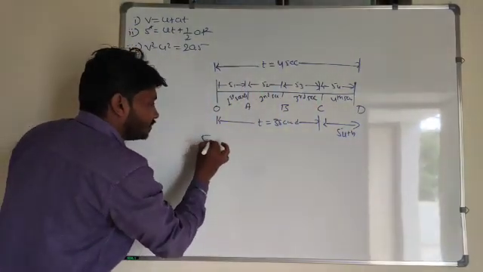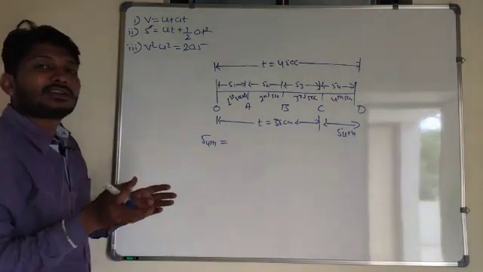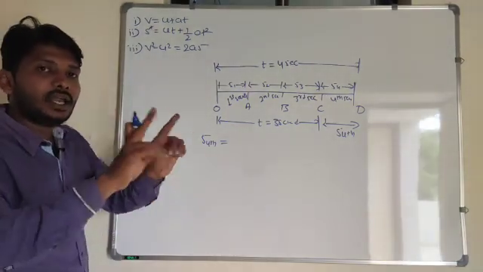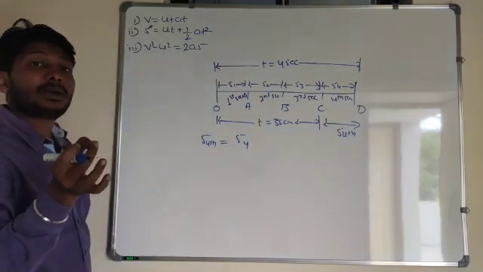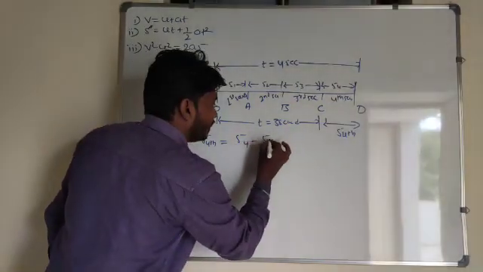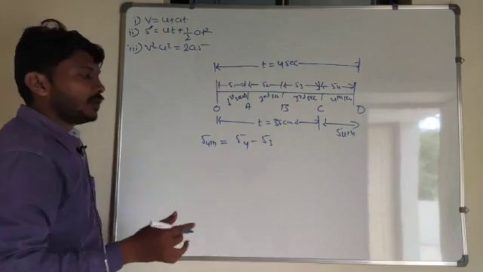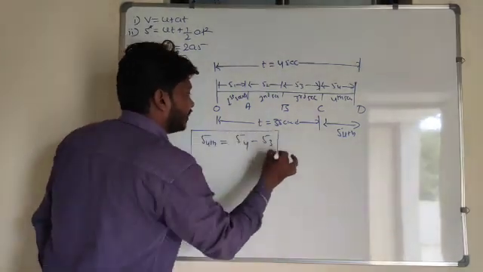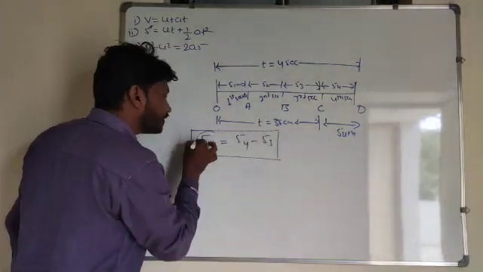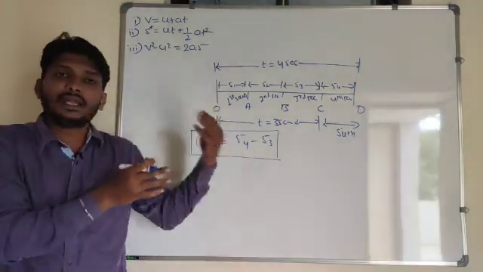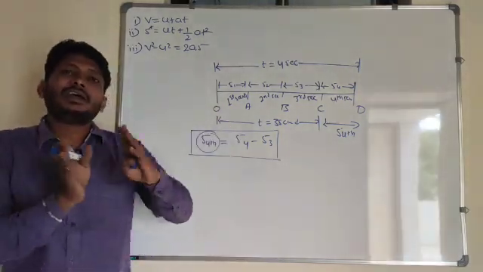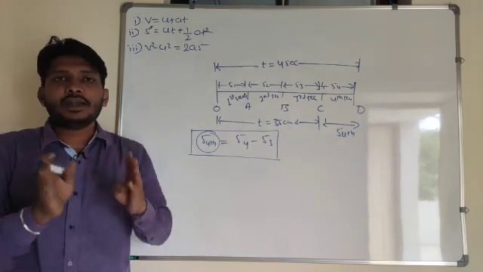So my interest is to find the distance traveled by the body in the 4th second. For that purpose, the distance traveled by the body in 4 seconds minus the distance traveled by the body in 3 seconds gives the distance traveled in the 4th second. This is the meaning I need to understand for the distance traveled by the body in the nth second.